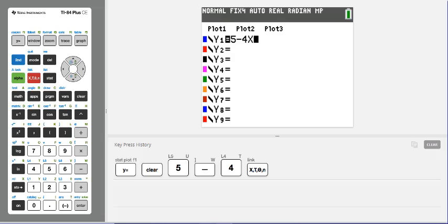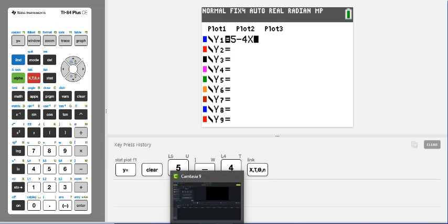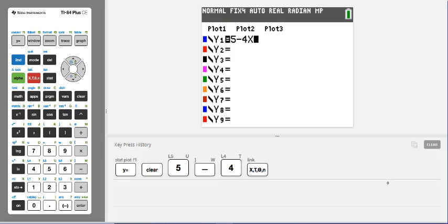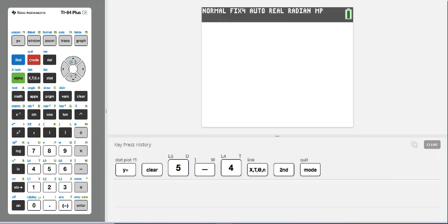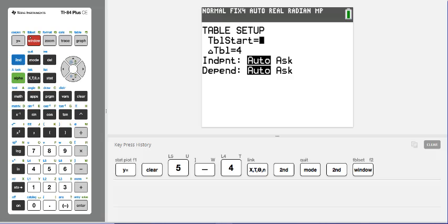Now, once I've verified that that is the equation, we're going to hop out, that's second mode, and then we're going to go second table set. I really don't care where it starts at table start. I'm going to go ahead and change the table move by 1 just to put it back at 1.